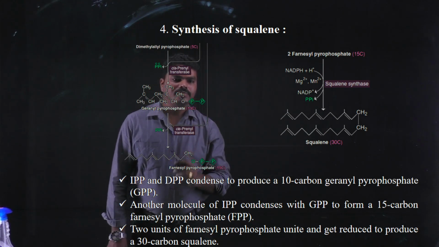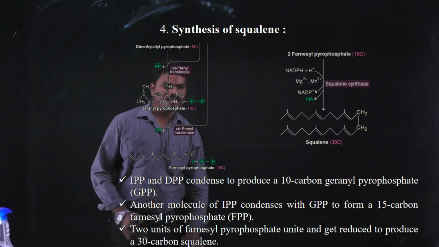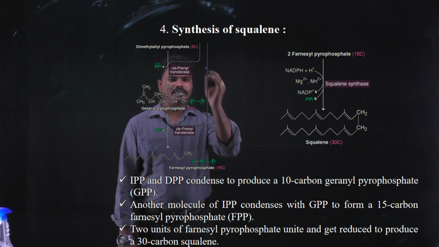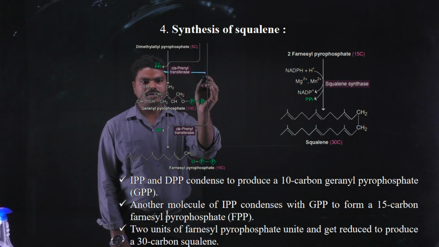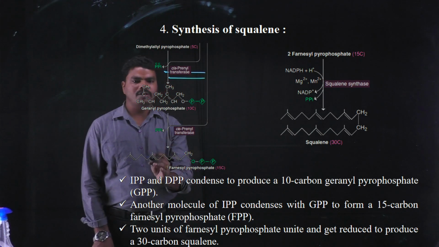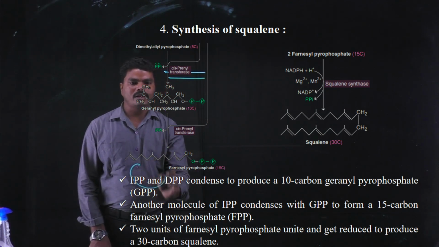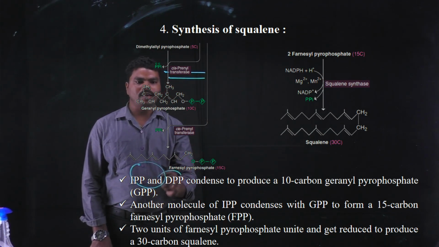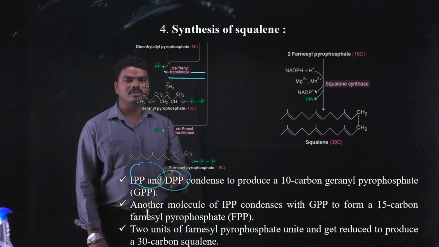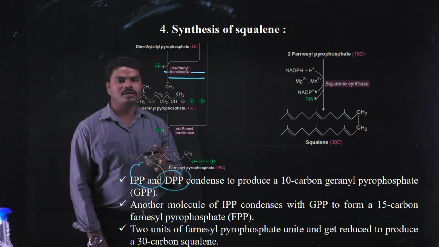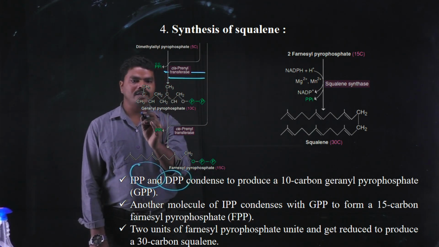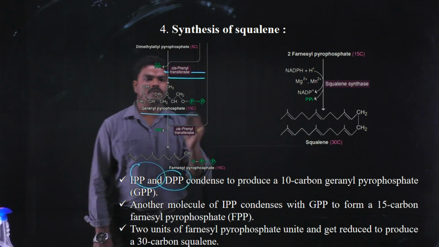This reaction is catalyzed by cis-prenyl transferase, an enzyme. This enzyme will condense the two isoprenyl units, each consisting of 5 carbons in their chemical structure, to form geranyl pyrophosphate, a 10-carbon molecule.